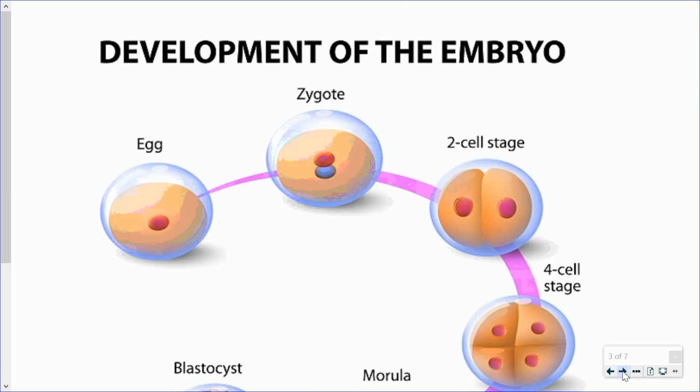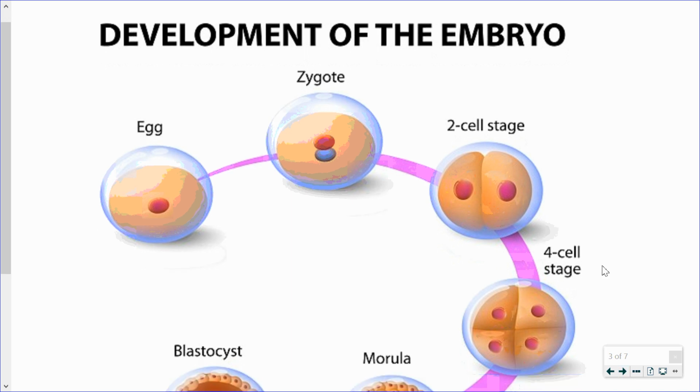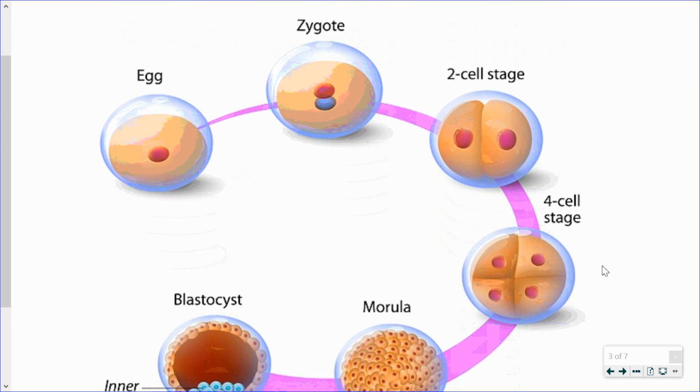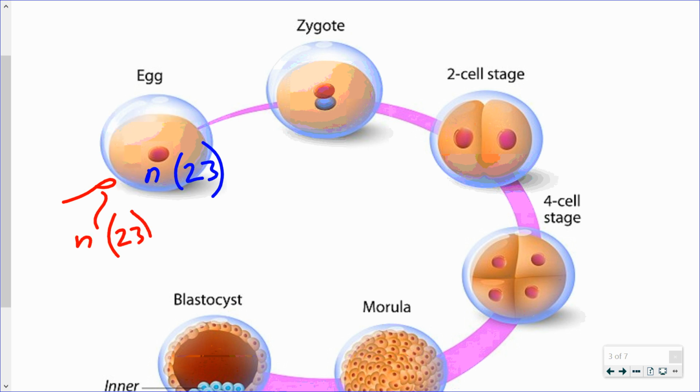This slide here summarizes what I did already talk about in terms of the early embryonic development. All of this again is taking place inside of the fallopian tube. So we have the original egg once again, which has half the normal number of chromosomes. When we're talking about humans, that number is 23. The sperm that comes along, even though it is much, much smaller, it doesn't matter. It is also haploid, and it has exactly the same number of chromosomes, which is 23.